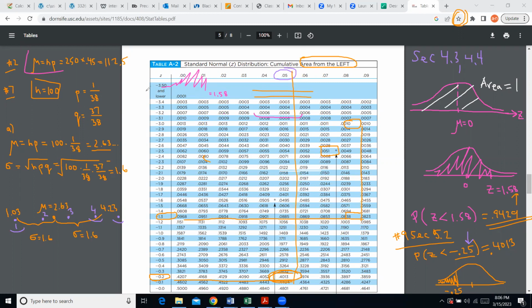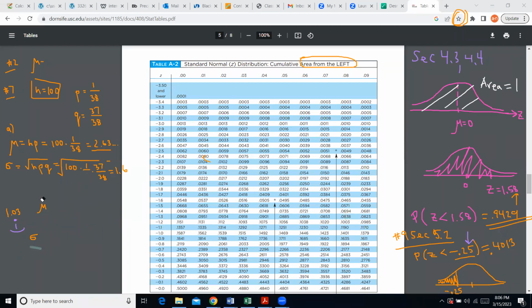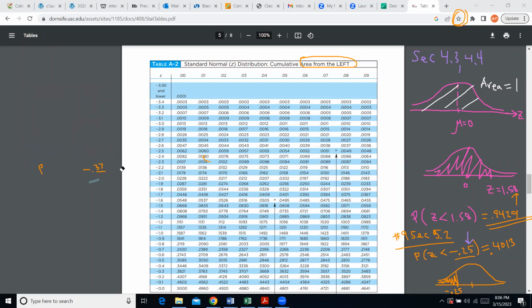You may ask, Alex, what if you need to find the area from the number but to the right? What's going to change? Well, let us select an exercise where we need to find the area on the greater side. The smaller side is on the left, but if you have a greater side, then it's going to be on the right side, right?